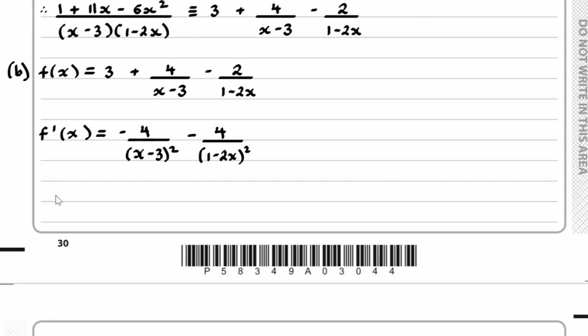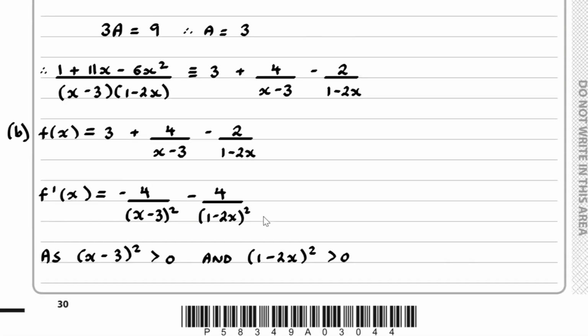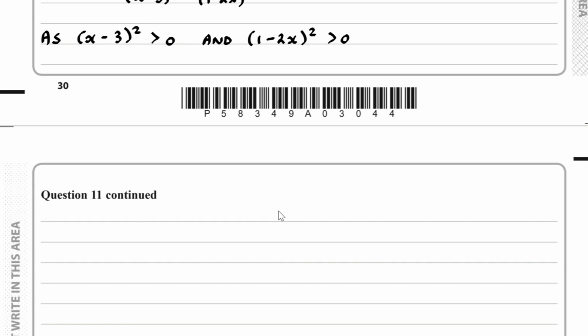Now, x minus 3 squared, that is greater than 0, and that's because x is greater than 3. And 1 minus 2x squared, that's also greater than 0. Again, that's because x is greater than 3.